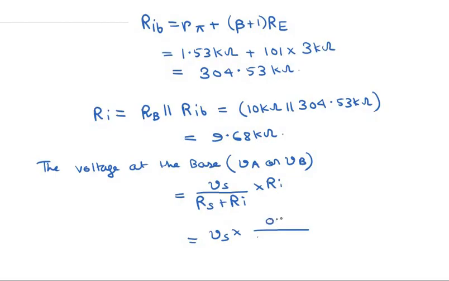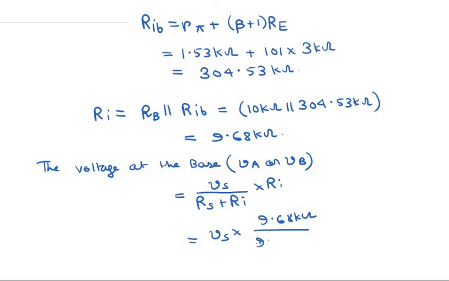So Rs is basically 0.5 kilo ohms, and Ri is 9.68 kilo ohms.